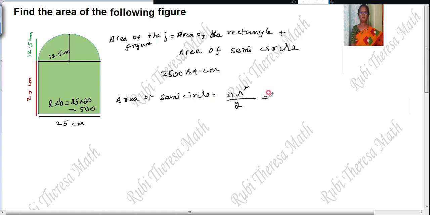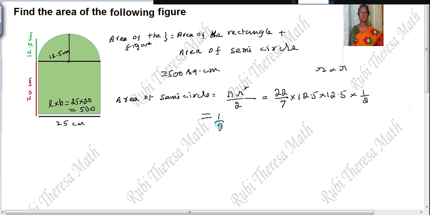So here we use 22 by 7 for pi. Then radius is 12.5 into 12.5, because r squared is r into r. Then into 1 by 2. Why am I writing like this?